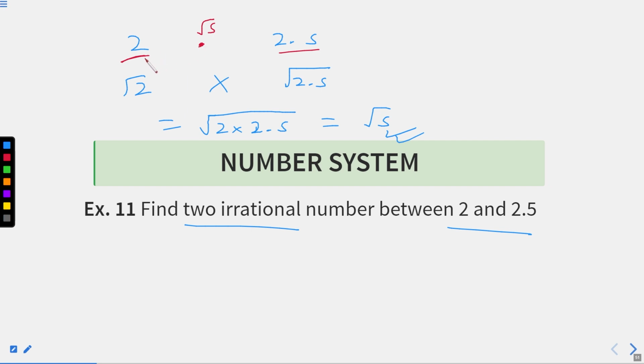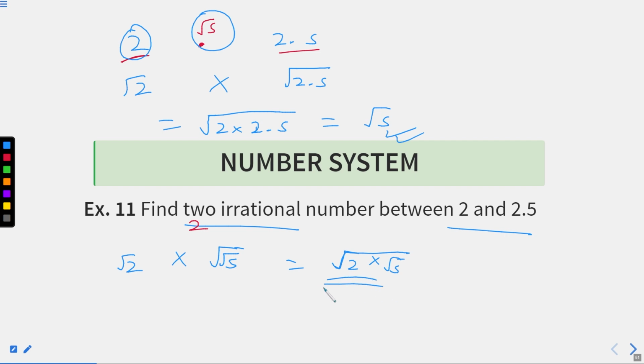Okay. Now again we have to find out two numbers. We found out one number. Now again apply the same method between 2 and root 5. So taking root of this and taking root of this, then multiplying, we get root 2 into root of root 5.